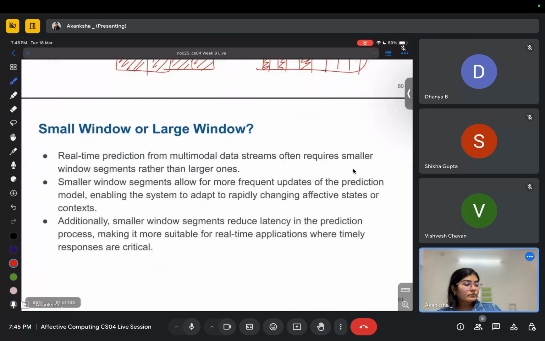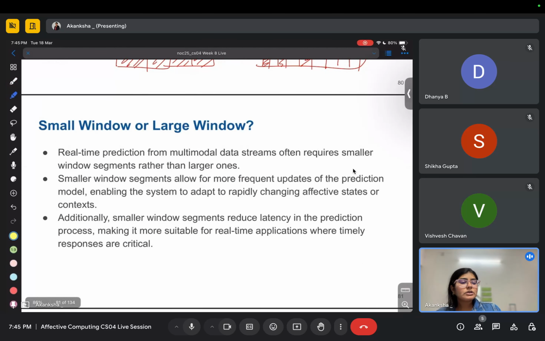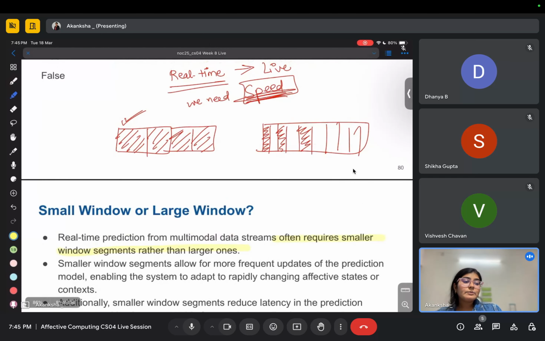So real-time applications often require smaller window segments rather than larger ones. What is the benefit of using the larger one? It provides more context information. Let's say I was smiling before and then I started laughing, or let's say I was smiling, then I started crying.